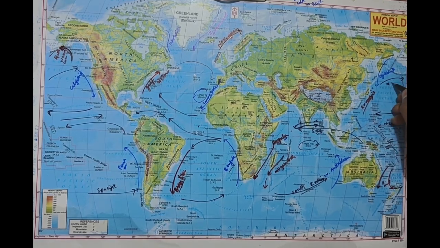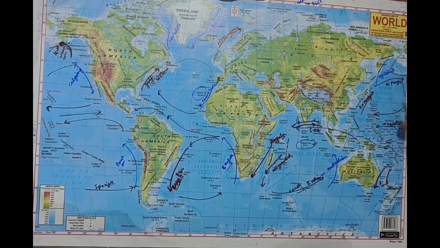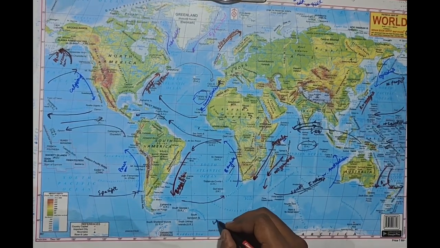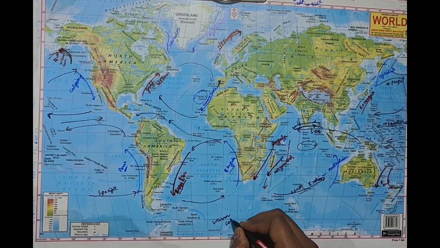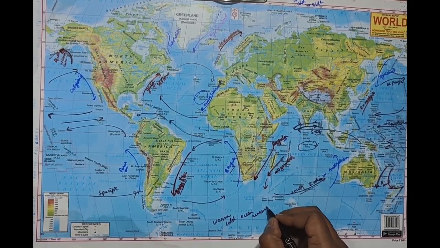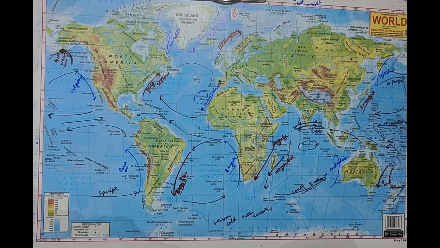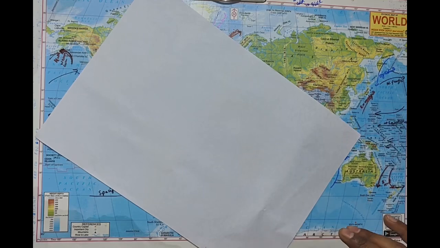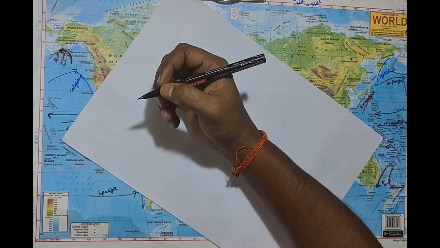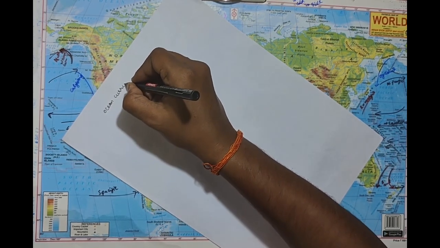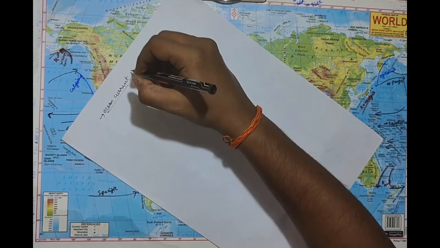No, this one is the North Pacific. So this one was the warm and cold ocean currents. If someone asks you what is ocean current, then you can explain. I may give you a gist over here. What is warm ocean current and what is cold ocean current? See, if you're writing over here ocean currents, define it.